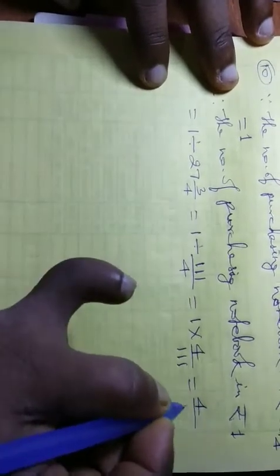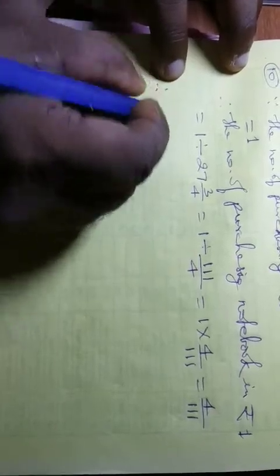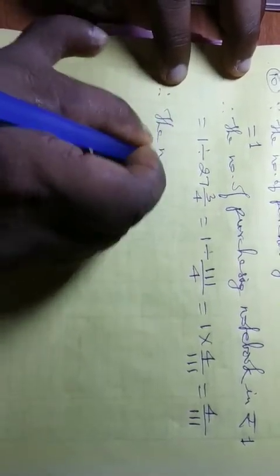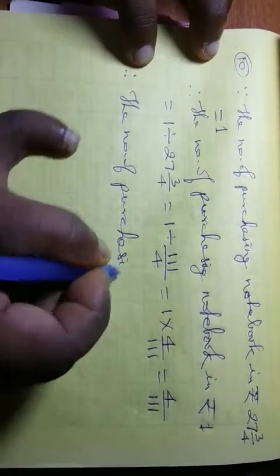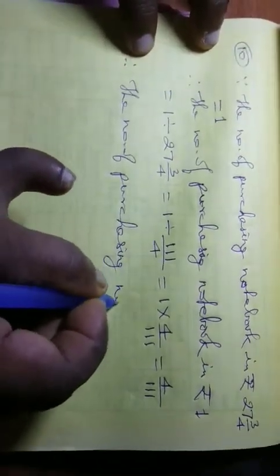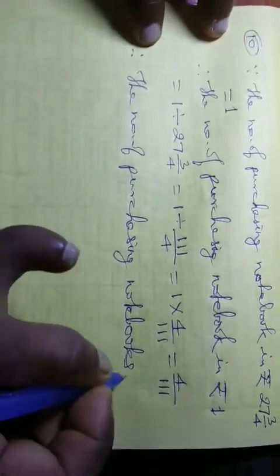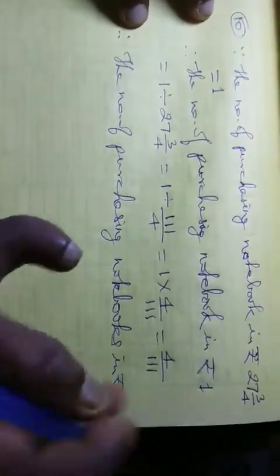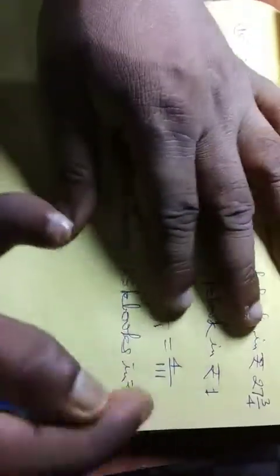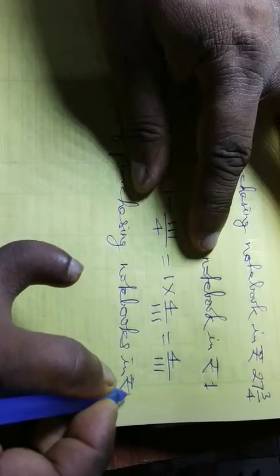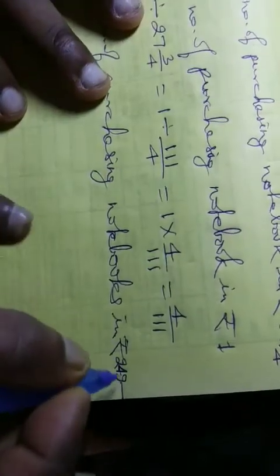Clearly 4 by 111. Therefore, the number of purchasing notebooks in rupees 249 whole 3 by 4.